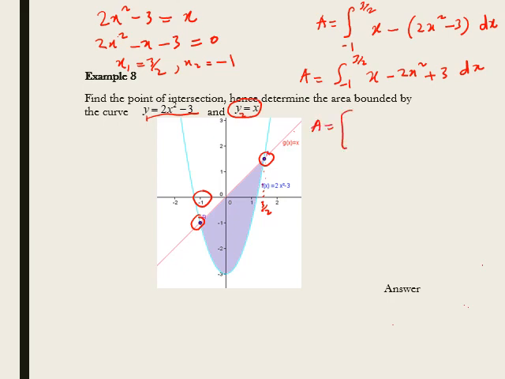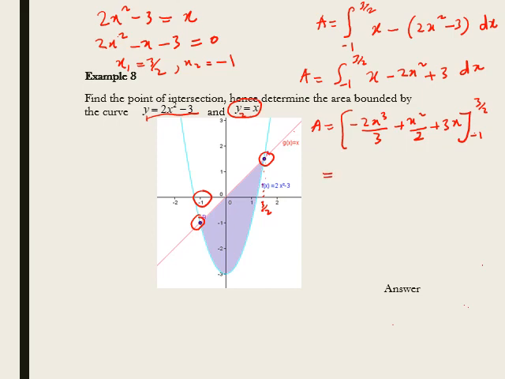When you integrate this, you'll get negative 2x^3 over 3 plus x squared over 2 plus 3x, from negative 1 to 3 over 2.